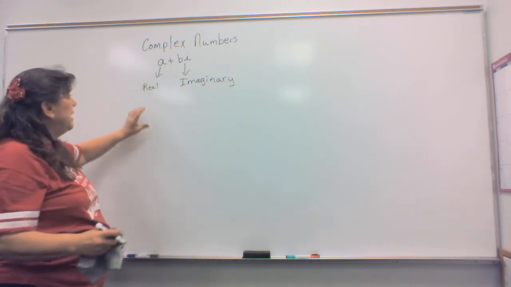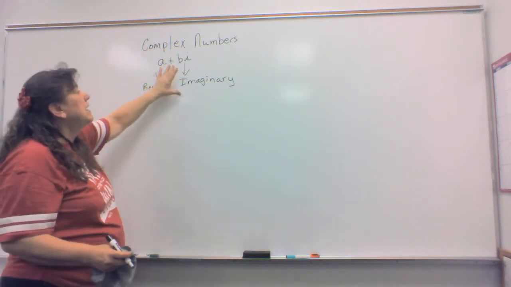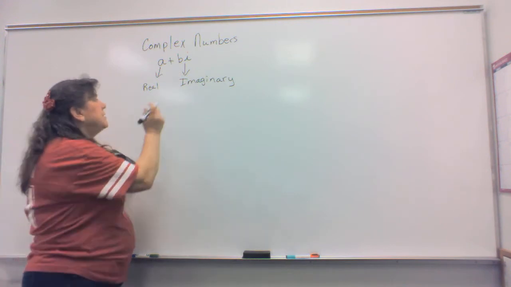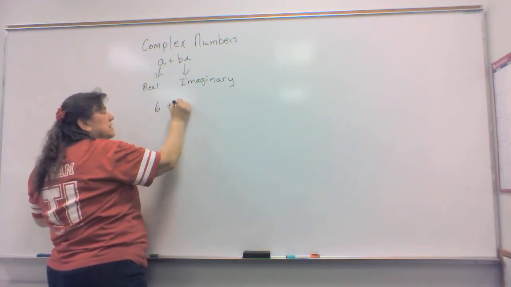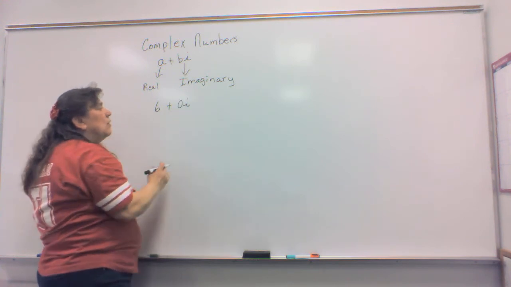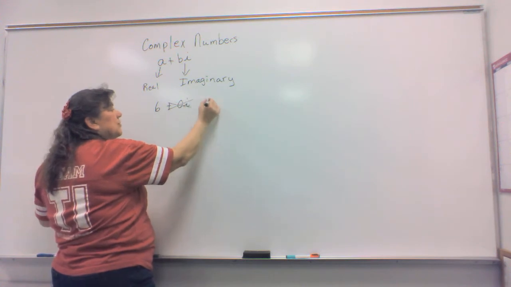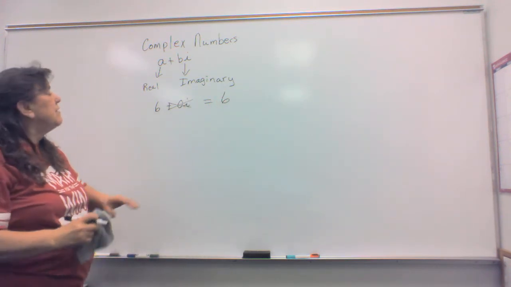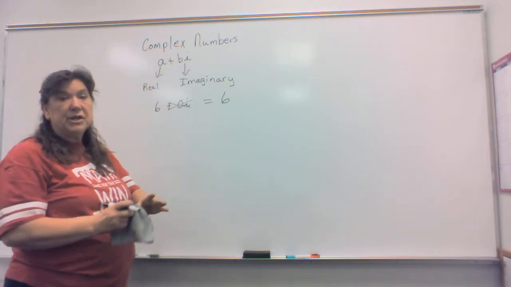Well, I can have a complex number that is only real, or I can have a complex number that is only imaginary. How does that happen? Well, if I have 6 plus 0 times i, what is 0 times i? It's just 0, so you're left with only 6. That's a real number. So therefore, we have a real number as part of the complex numbers.